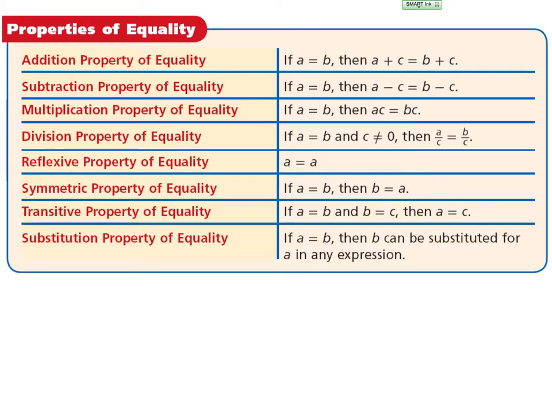And the last one was substitution property. What's a substitute teacher? A teacher that's here in the place of the original teacher. Substitute. You're putting something in for what was there originally.